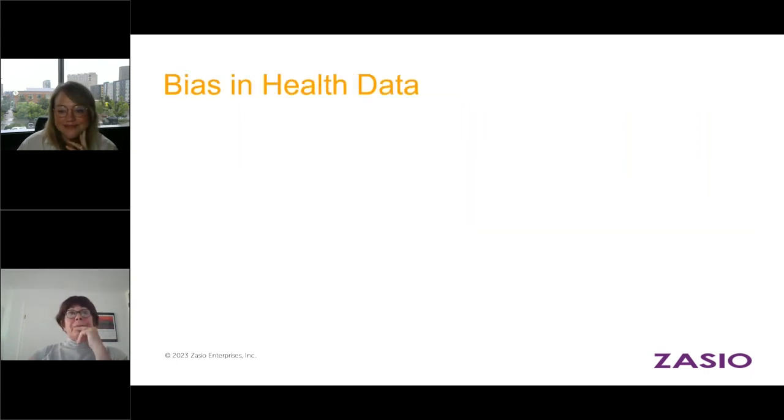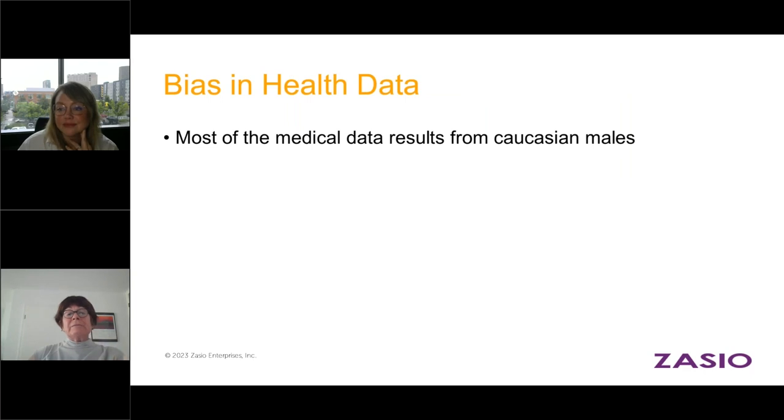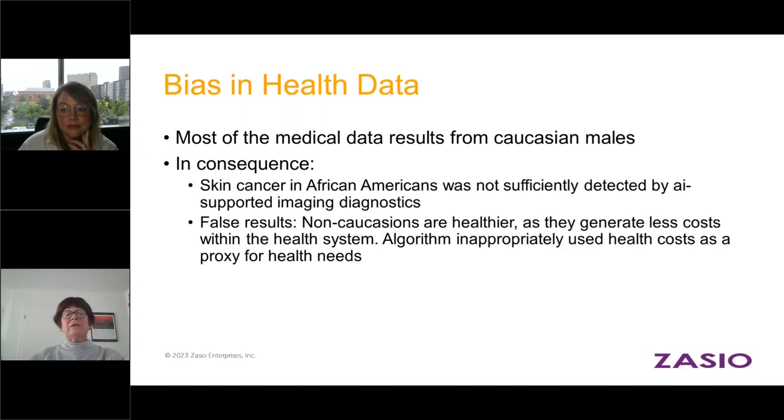So in health data, we have the same issue. We have to be aware that medical results often come from Caucasian males. So in consequence, two cases here: skin cancer in African Americans was usually not so easily detected in the image diagnosis because the data was simply not there.